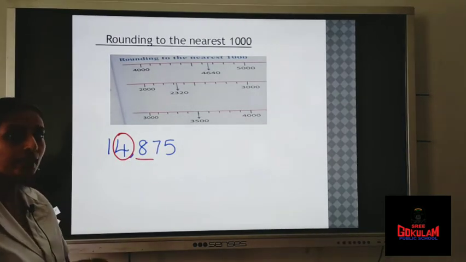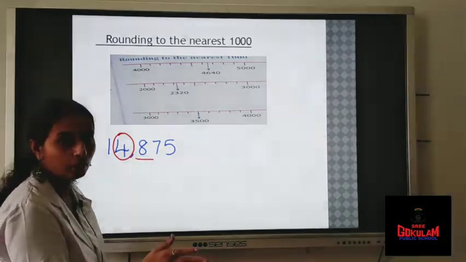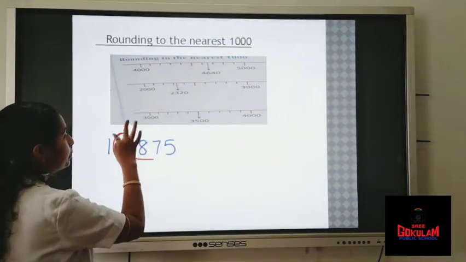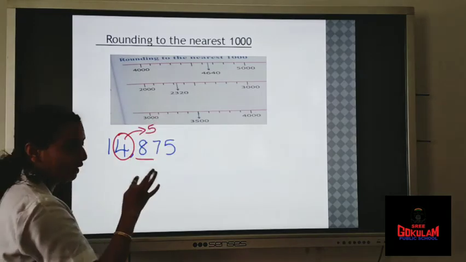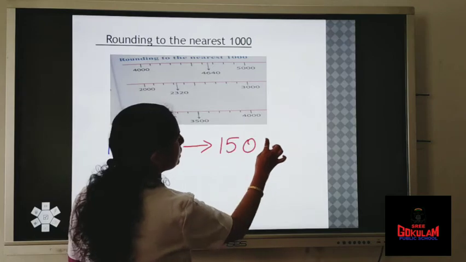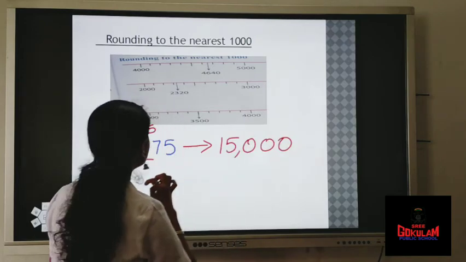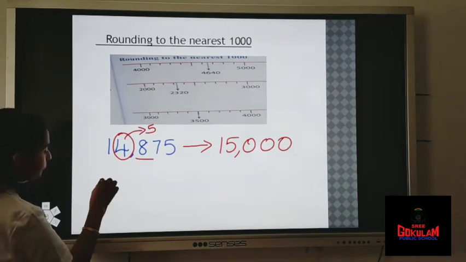It is 8, that is above 5. So what you have to do? We have to round up. Round up means we have to go to the next number. 4 will become 5. That means 15. The other places we can put 0. That is 15,000.